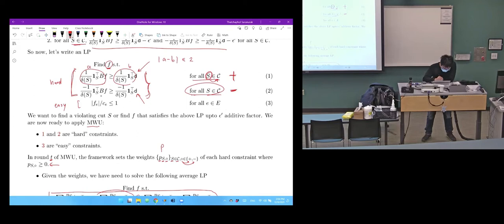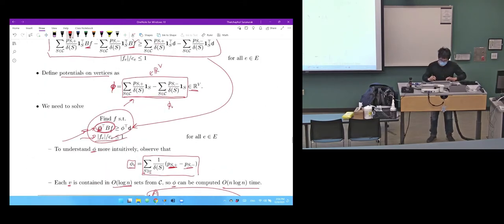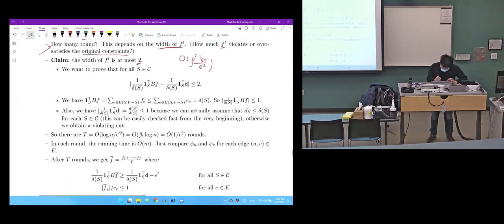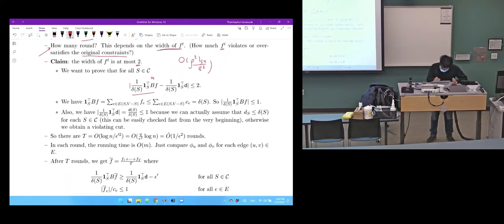And note that this thing minus this thing in the absolute value is the same as A and B. Right. So all I need to say is that this is A, this is B. A minus B in absolute value is at most 2.